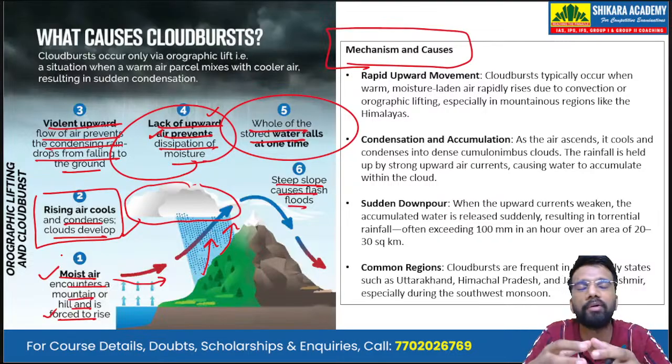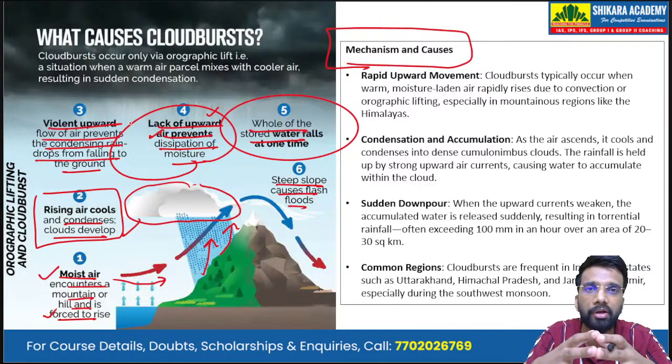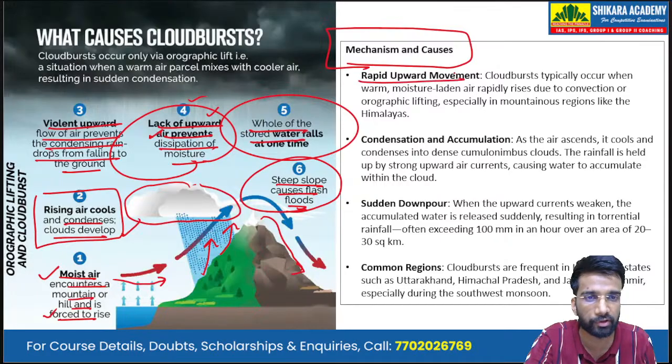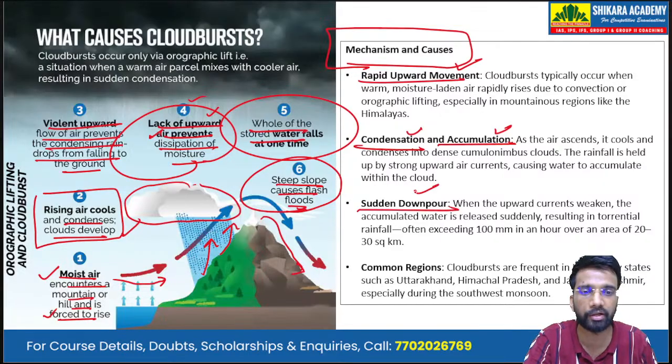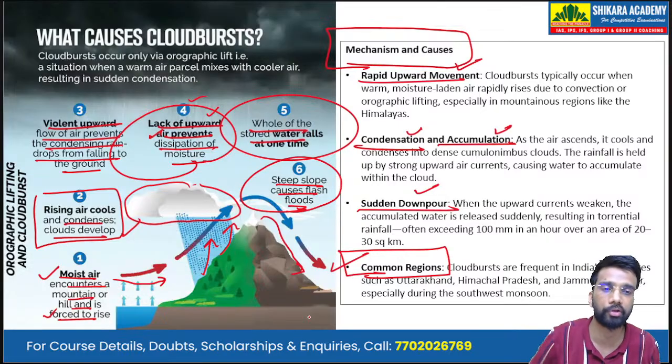But when the upward flow of air weakens, then all of the water suddenly comes rolling down from the cloud, and it causes the flash floods because of the steep slopes. So the mechanism is first, rapid upward movement. Second is the condensation and accumulation. Then it is the sudden downpour.